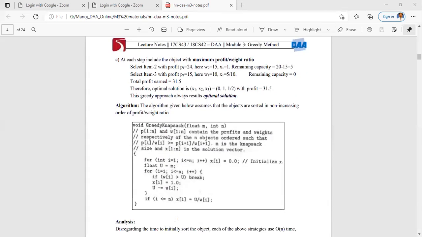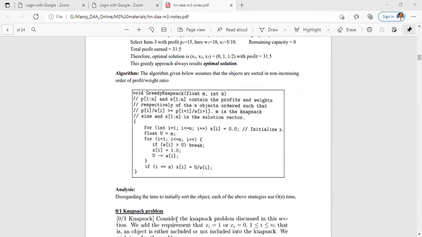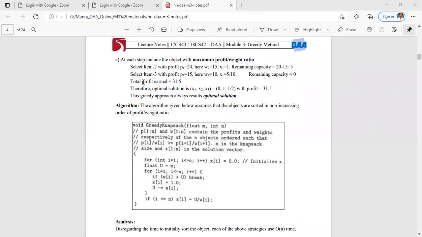Now you come for the third case. What is the third case? The maximum profit by weight ratio. So you have to calculate the maximum profit per weight ratio.